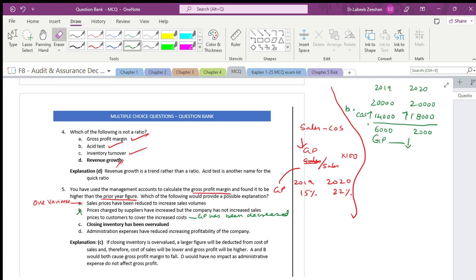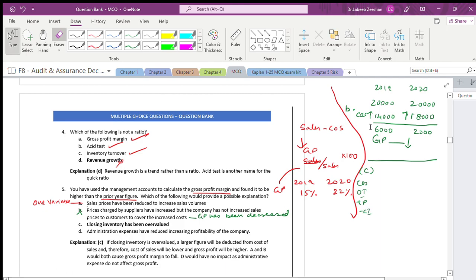Now, closing inventory has been overvalued. See the things. Closing inventory is overvalued. Point C. Cost of sales is opening inventory plus purchases minus closing inventory. Sales is 20,000.